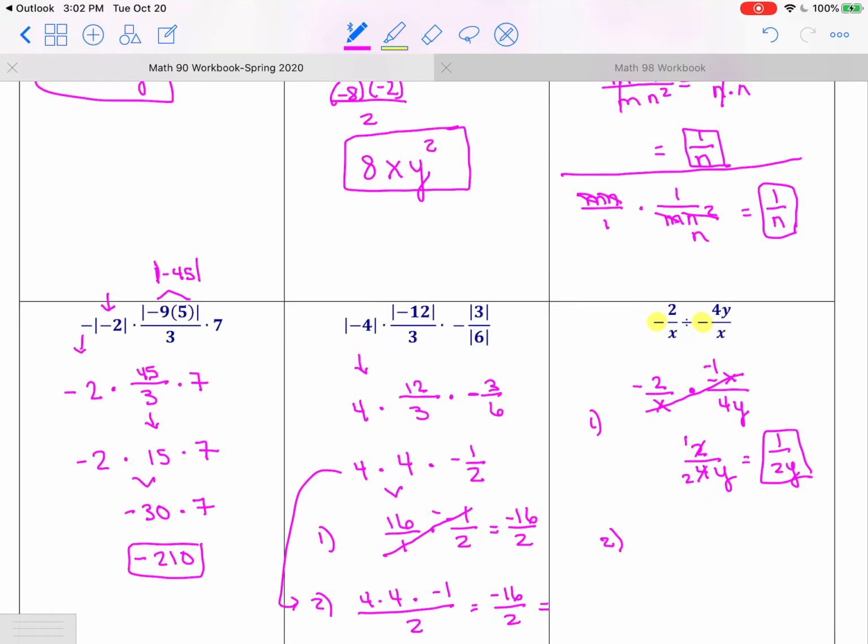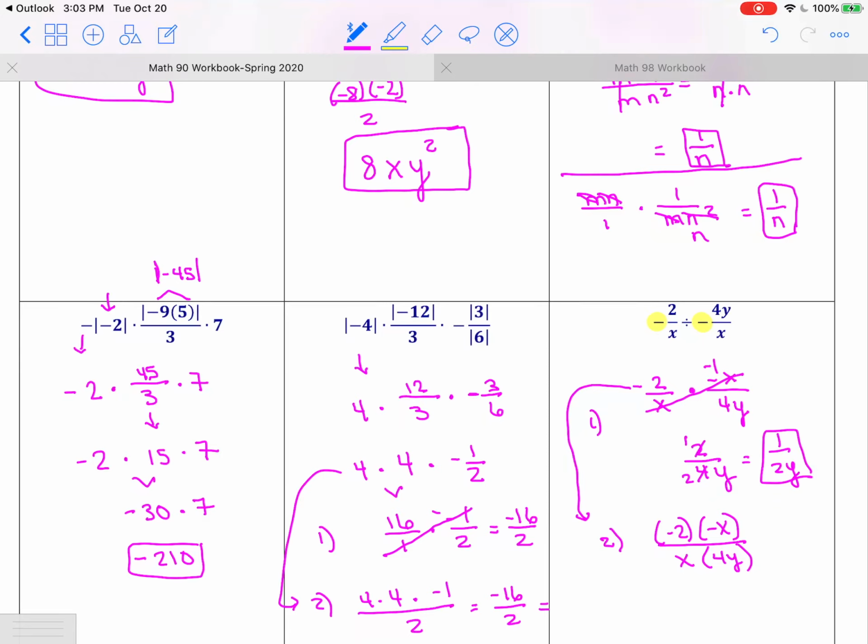A second way of looking at that from up here, we could have said, all right, this is a -2 times a -x over x times 4y. This is a little bit longer, but you can see that we can start canceling everything out.